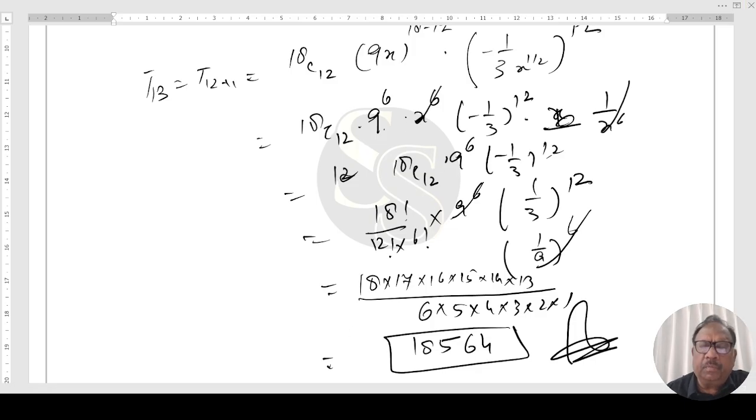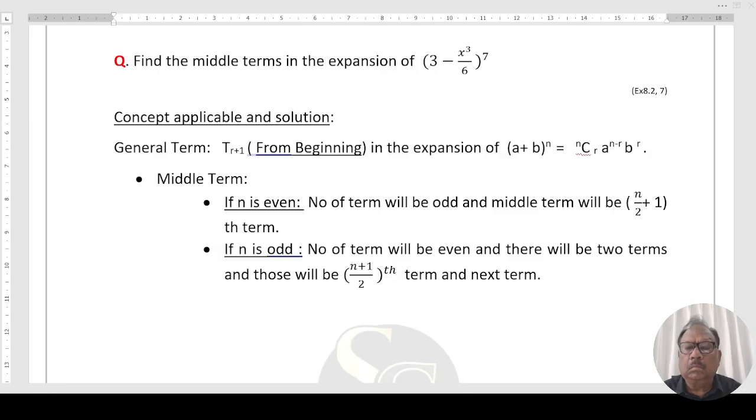Next question. Question is, find the middle terms in the expansion of 3 minus x cube by 6, the whole exponent 7. Question is taken from NCERT exercise 8.2. Concept applicable in the solution: middle term. Here n is 7, which is odd.